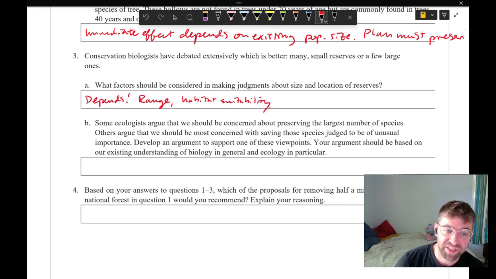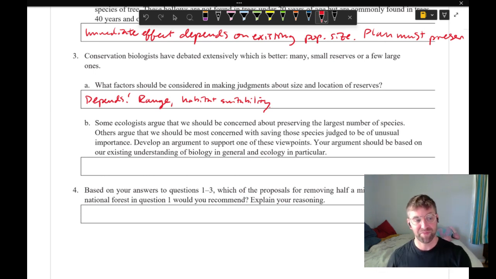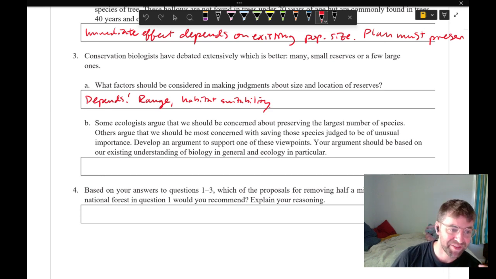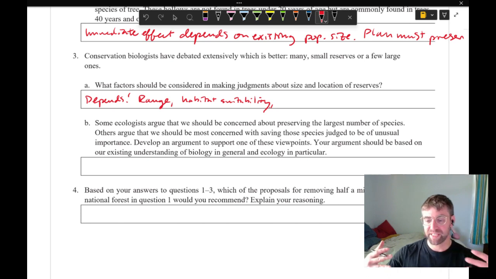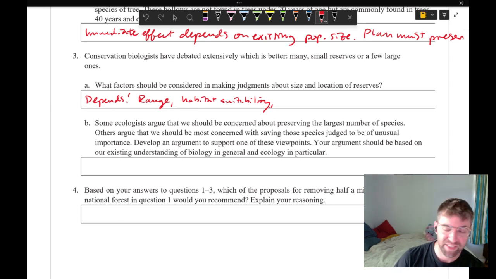Other species are much more successful in open areas or edge habitat. In other words, the requirements of the species to be preserved should be of primary importance in making decisions about the size and location of reserves. So reserves being places that won't be cut, places that will be protected no matter where they are in this plan.